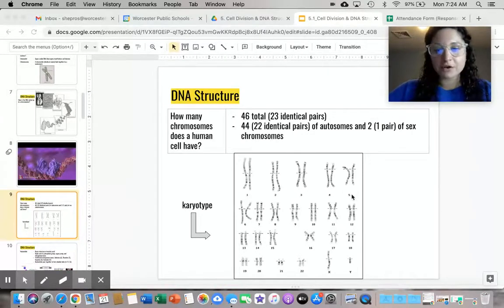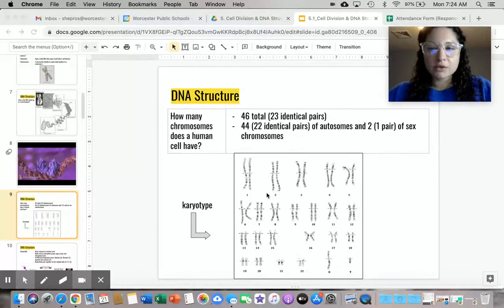Now, out of your 46 chromosomes, or out of your 23 pairs of chromosomes, there are 22 pairs, or 44 chromosomes, that we call autosomes. So auto, self, some, we're talking about the DNA.